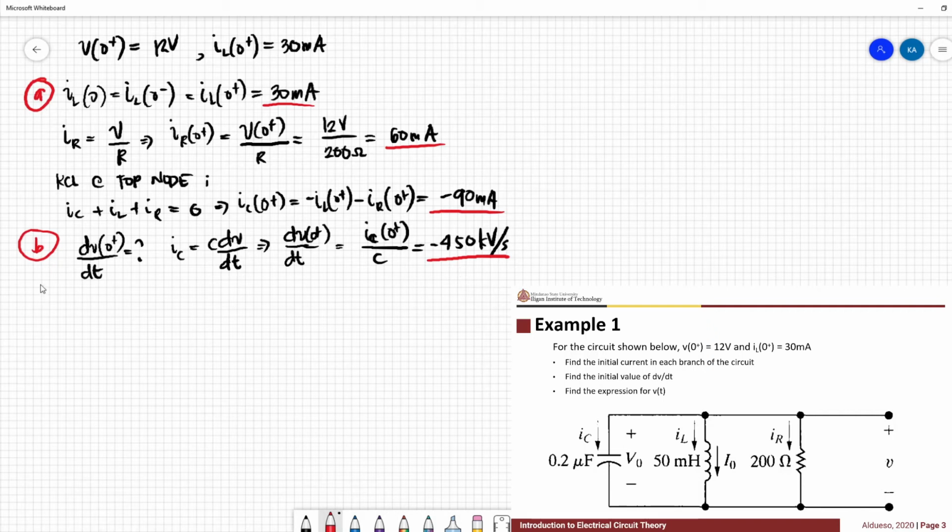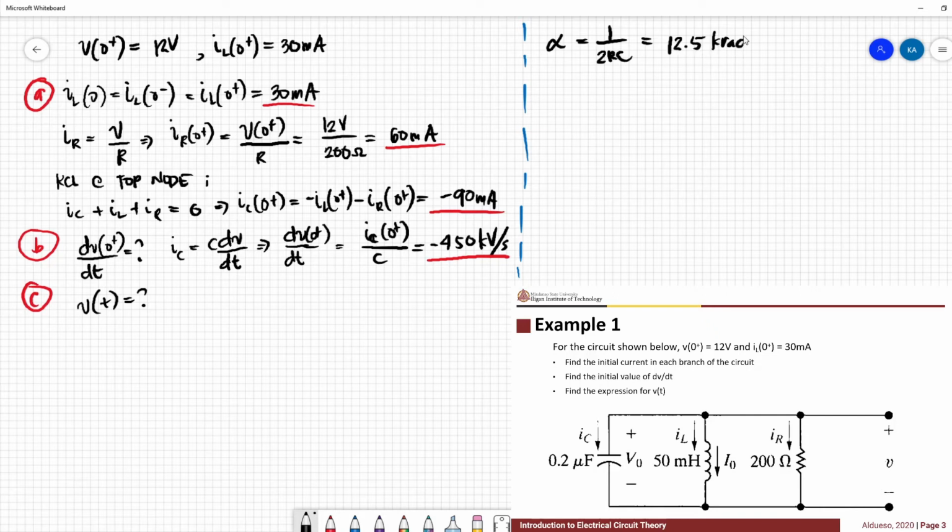Now lastly, solve for the expression of V of t. First, let's determine the roots for the characteristic equation. We have alpha equal to 1 over 2RC. So alpha is 12.5 krad per second.